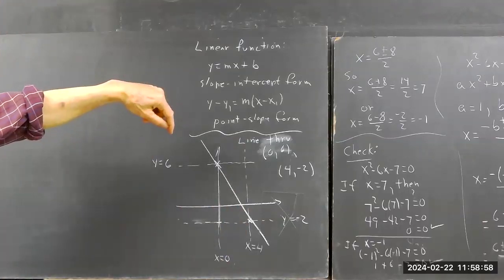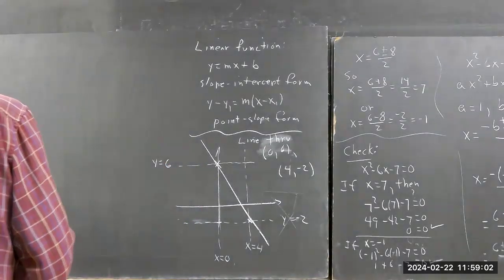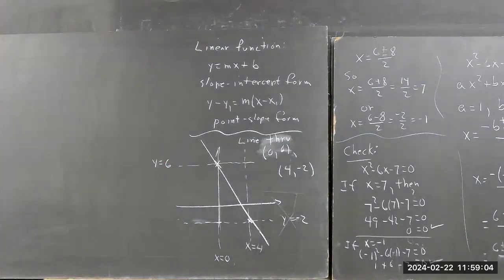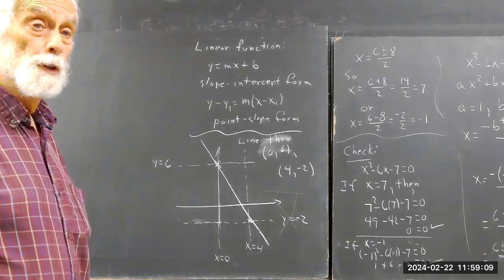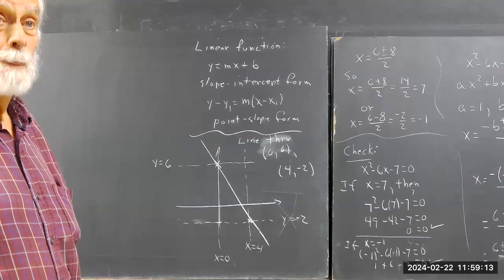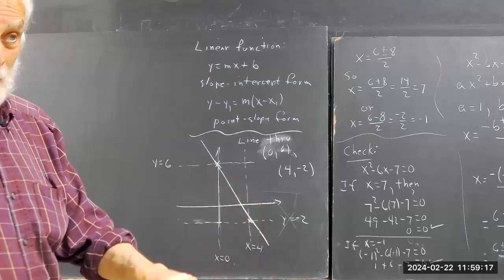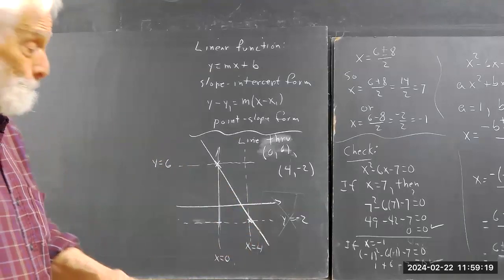Okay. Now, how do we get the slope? We draw a fundamental triangle. That's how we get a slope in this course. We don't use the slope formula. We don't do it by calculating without any meaning. We sketch the blamed meaning. Okay?